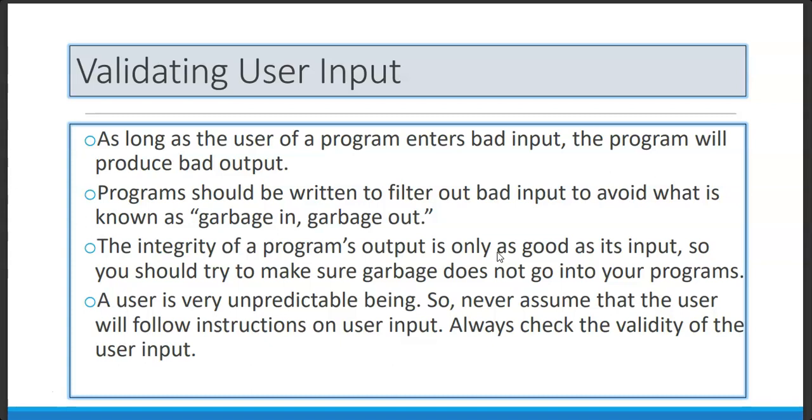A user may want to enter a negative. It's not an acceptable number, but we cannot control it. So it's up to us to use the if statements and other control structures, maybe if statements or switch, to determine if what the user has entered is correct.